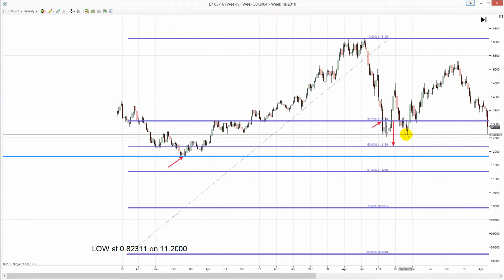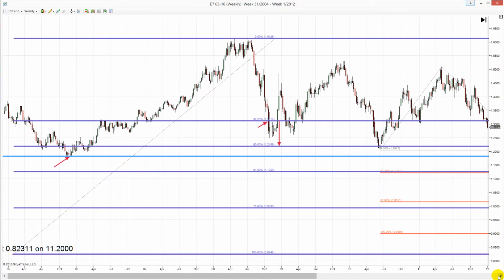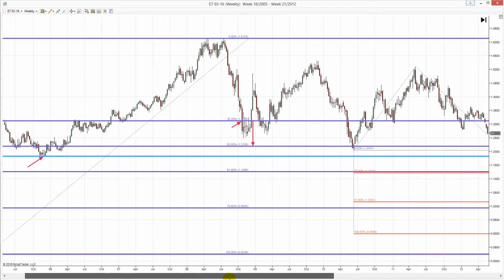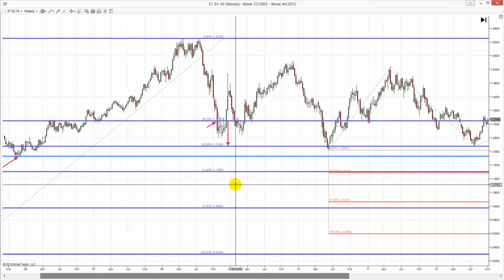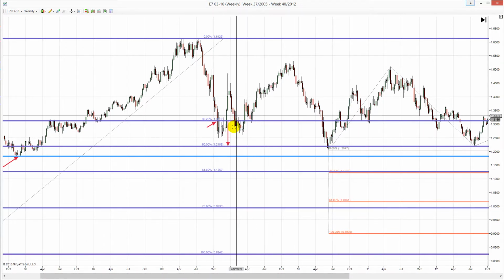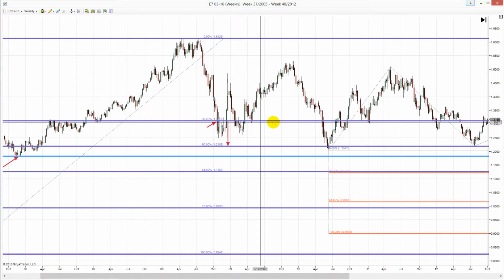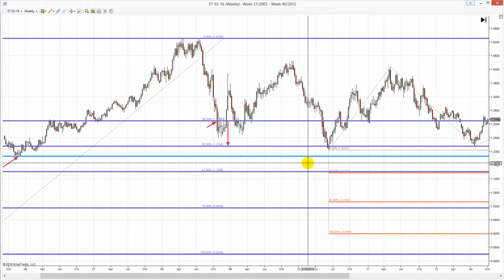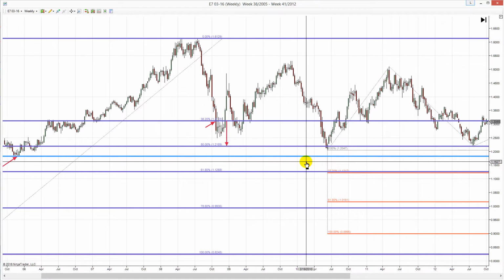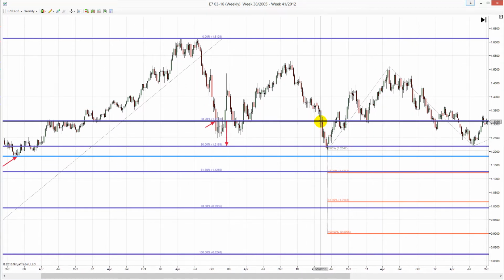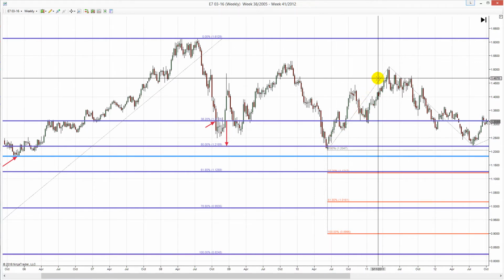We went up, down, up, and we broke that level here. So that's our current data on that chart. We broke that level again here, and we went almost to 50% and started to advance.